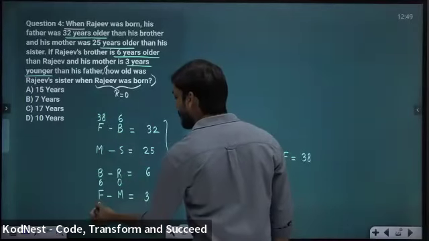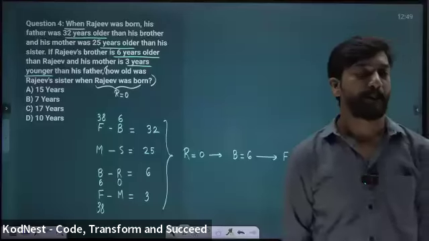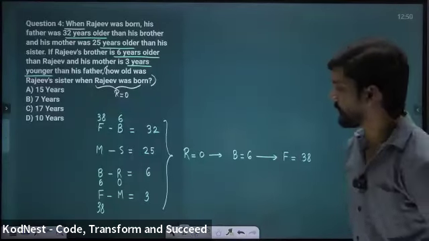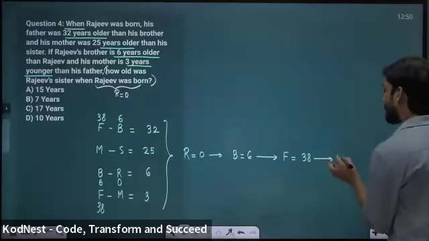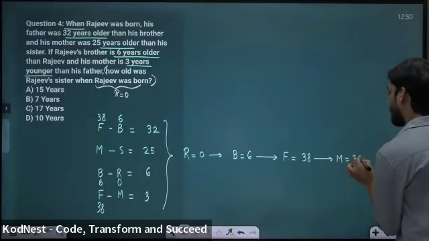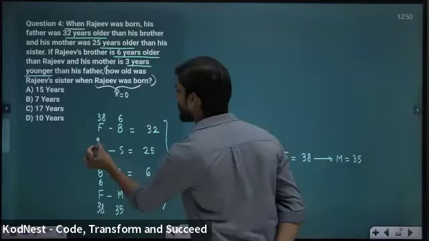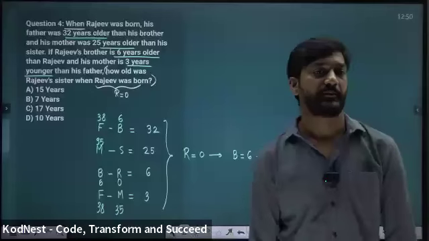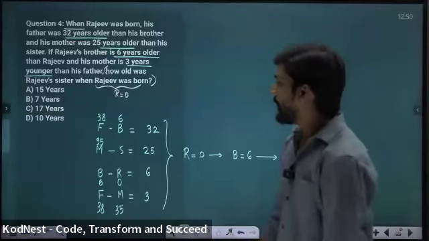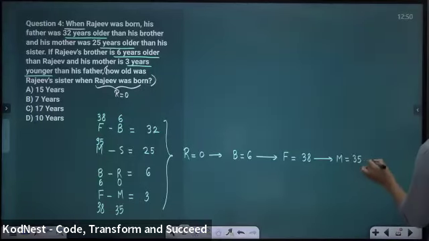And 38 you will write here, mother's age how much? Mother's age 35. Okay, so this gives you mother's age 35. Now sister's age how much? 35 minus 10 will give you 25, so sister comes out as 10.